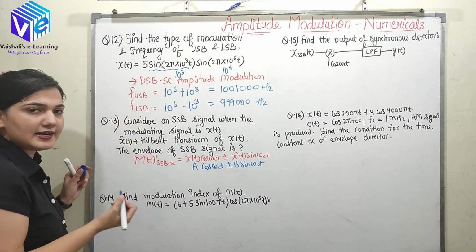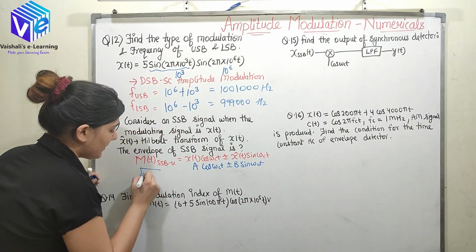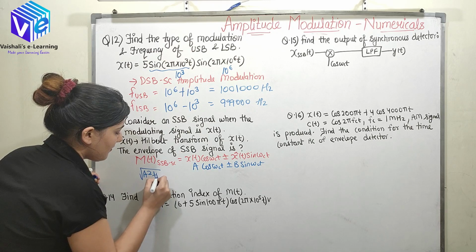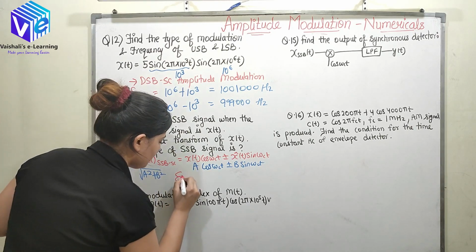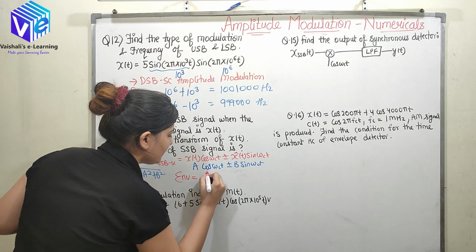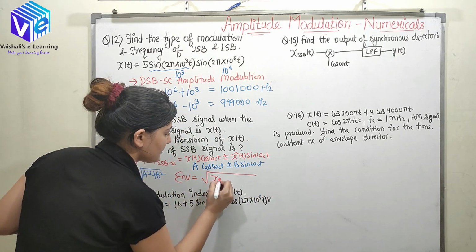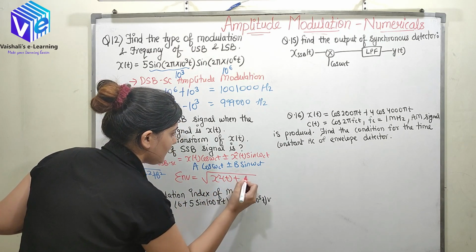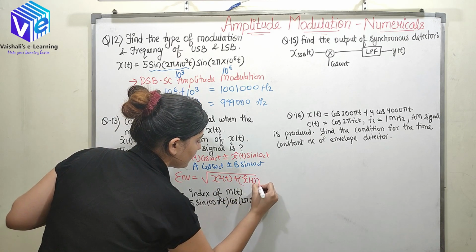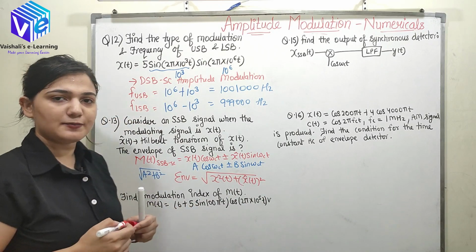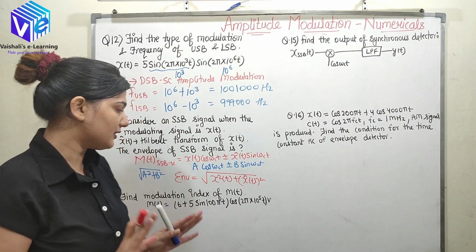Again I need to find out the envelope, so it will be under root a square plus b square. So the envelope will be equal to under root of, what is a? a is x(t), so it will be x square(t) plus x cap square(t). So this is my envelope. I hope there is no doubt in this question.